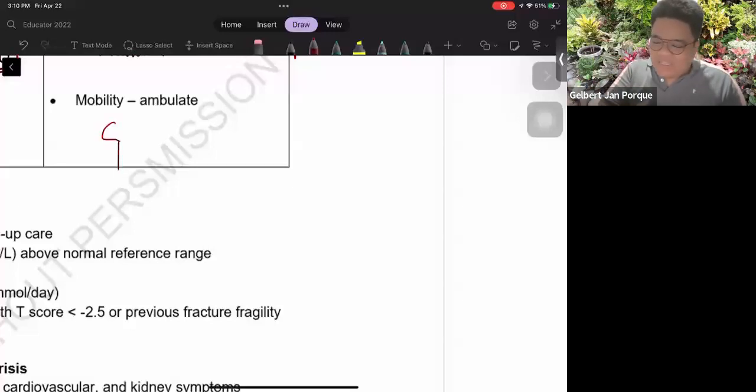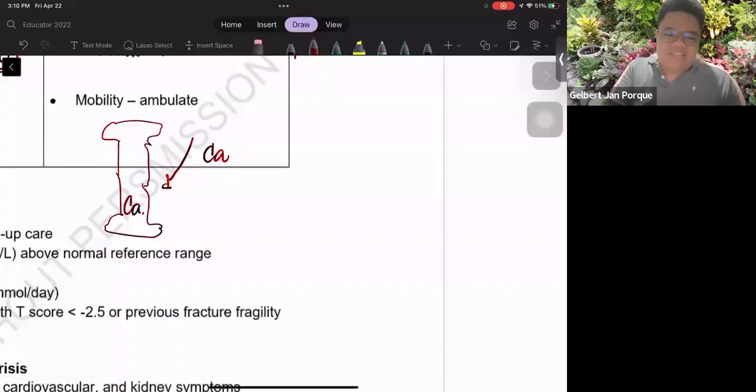So class, when you ambulate, your calcium level from the bloodstream will be going towards the bone. Okay, it increases class calcium absorption by the bone. Tama ka mo class, it promotes osteoblastic activity, it decreases osteoclastic activity.